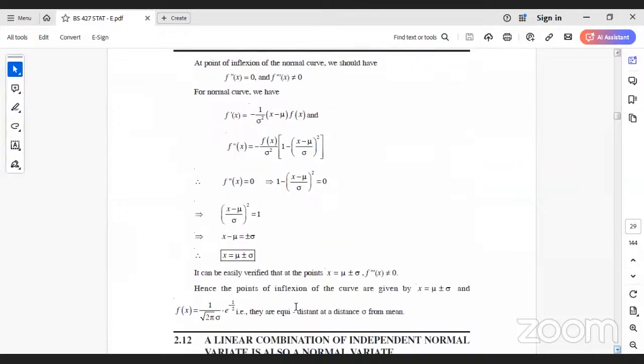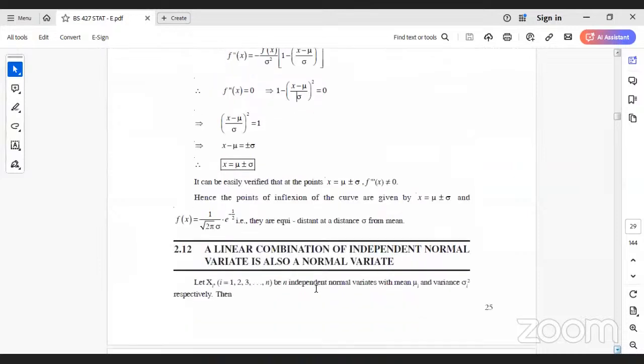It can be easily verified that at the points x equal to mu plus or minus sigma, f triple dash x is not equal to 0. Hence the points of inflection of the curve are x equal to mu plus or minus sigma, with f of x equal to 1 by root 2 pi sigma e power minus 1 by 2.